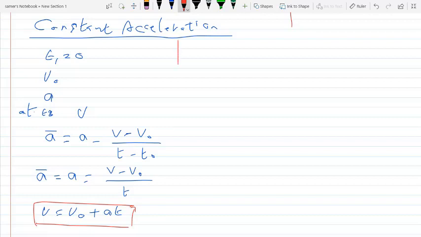Now, if we determine velocity as a function of time, we can consider position with constant acceleration. Velocity increases steadily, and thus the average velocity over an interval is the average of the velocities at the beginning and at the end of the interval. So the average, as we know before, is delta x over delta t.